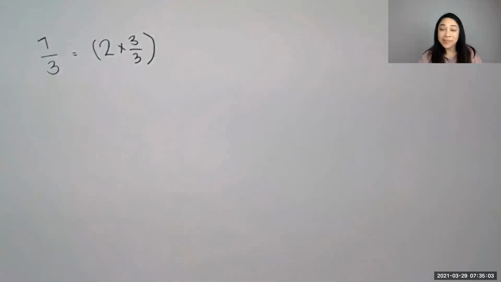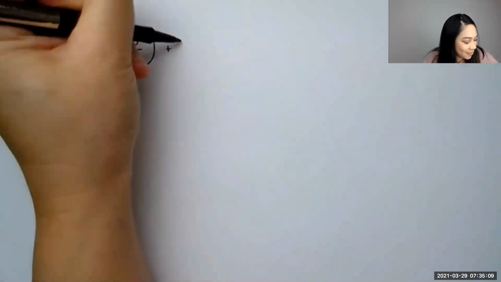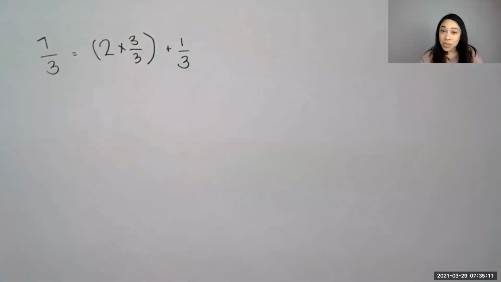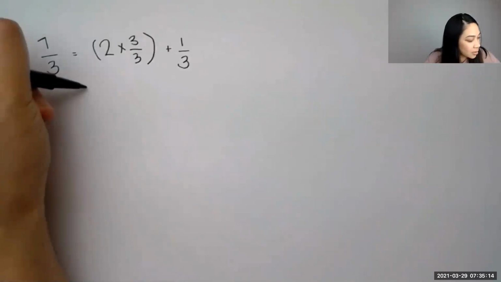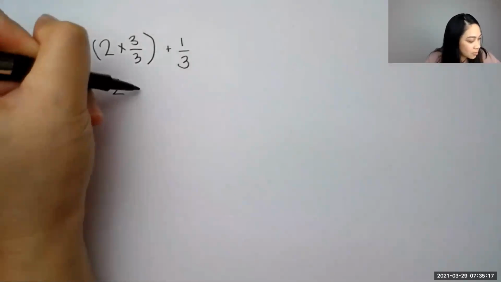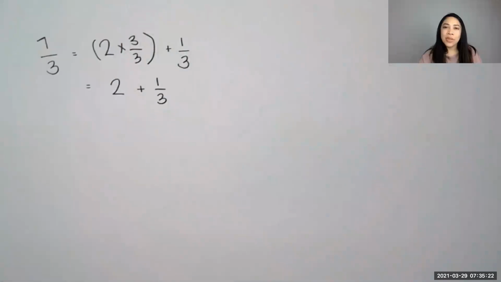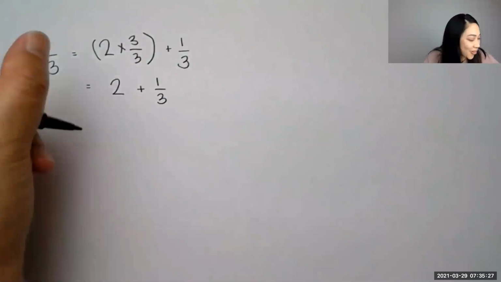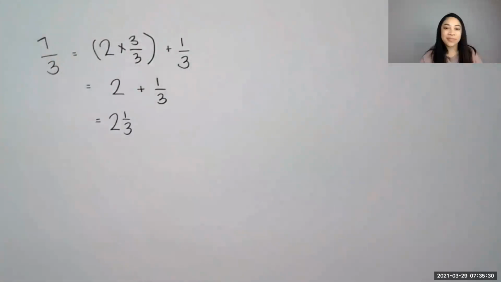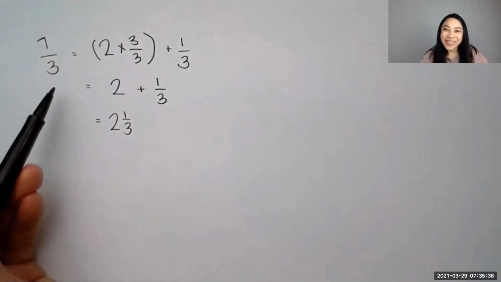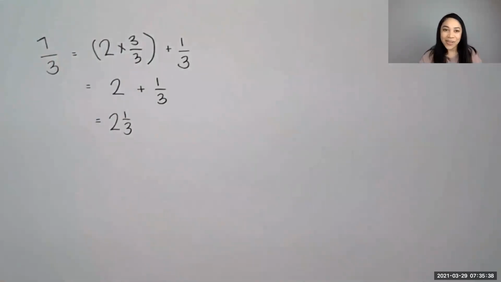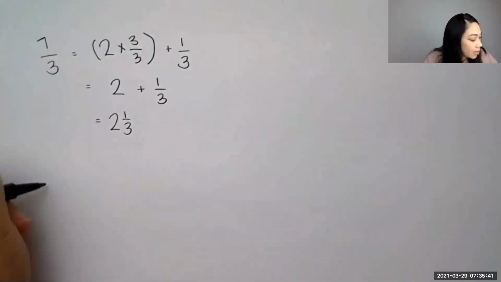How many thirds remain? 1/3. 2 times 3/3 equals 2. And then our 1/3 remains. So what's 2 plus 1/3? 2 and 1/3. So 2 and 1/3 equals 7/3.